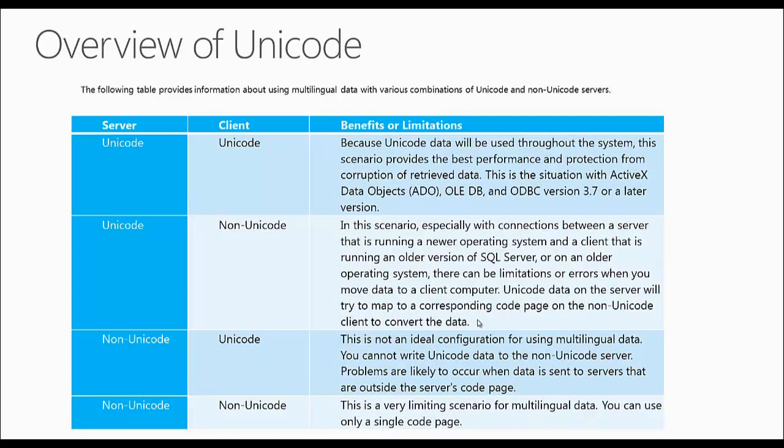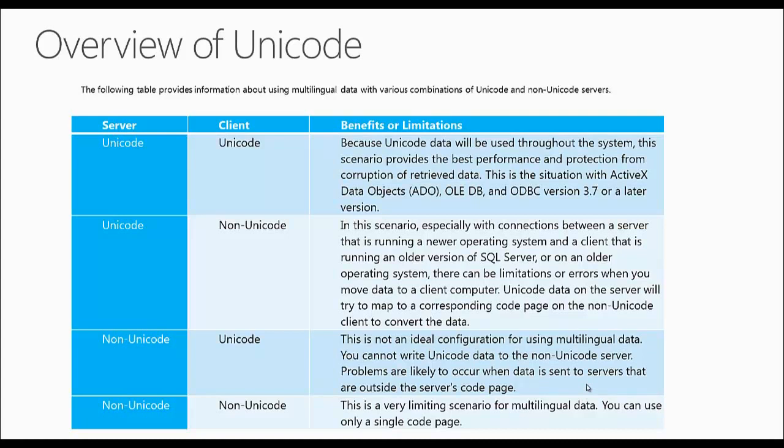When the server is non-Unicode and the client is Unicode, this is not a good configuration for using multilingual data. You cannot write Unicode data to a non-Unicode server. In this case, problems are most likely to occur when data is sent to servers that are outside of a server code page.